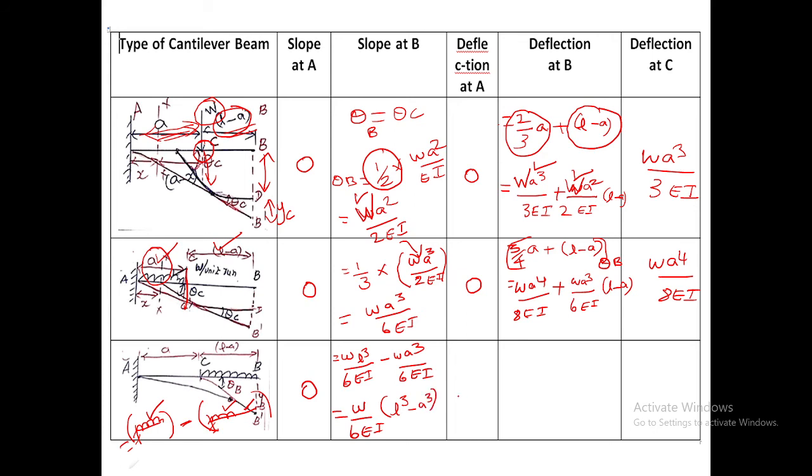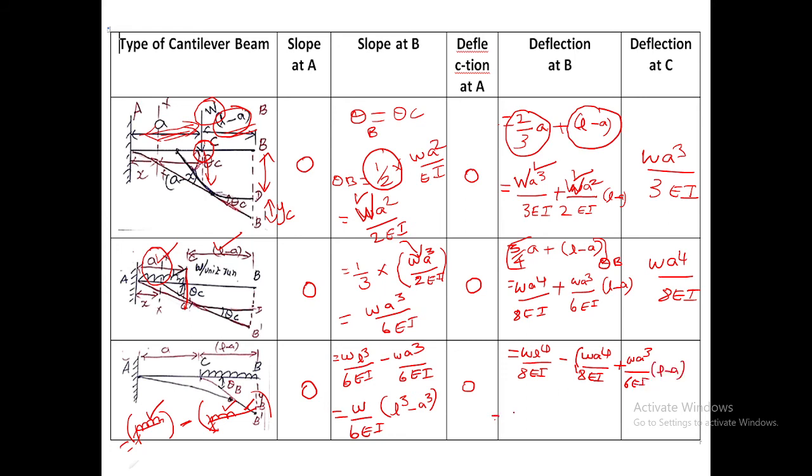So deflection at point A is 0. Deflection at point B is the deflection of the uniformly distributed load, W L power 4 by 8 EI, minus the deflection of the uniformly distributed load over some distance only, W a power 4 by 8 EI plus W a cube divided by 6 EI into (L minus a).